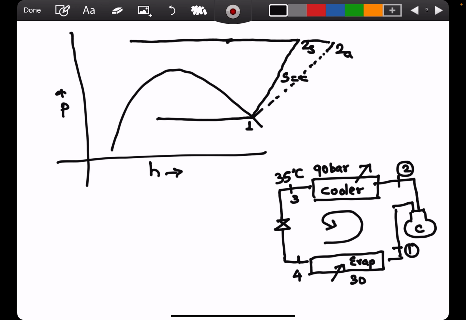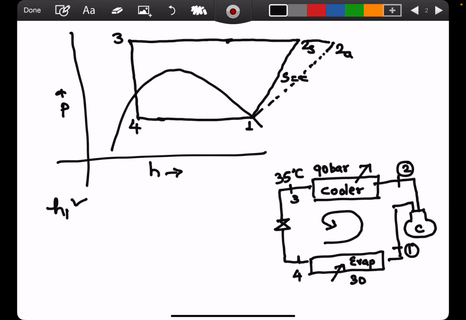So this is compression. Then you have cooling in the cooler up to the state 3, and then there is an expansion in the expansion device. So this is 3 and this is 4. Okay. So from the pH diagram, you can easily find the enthalpy 1, H1.